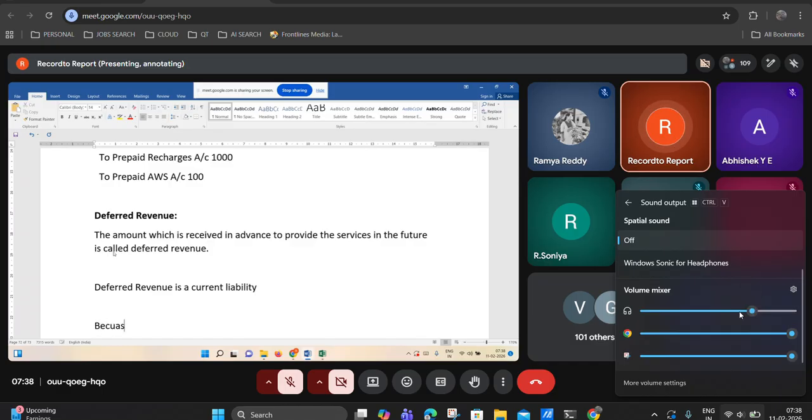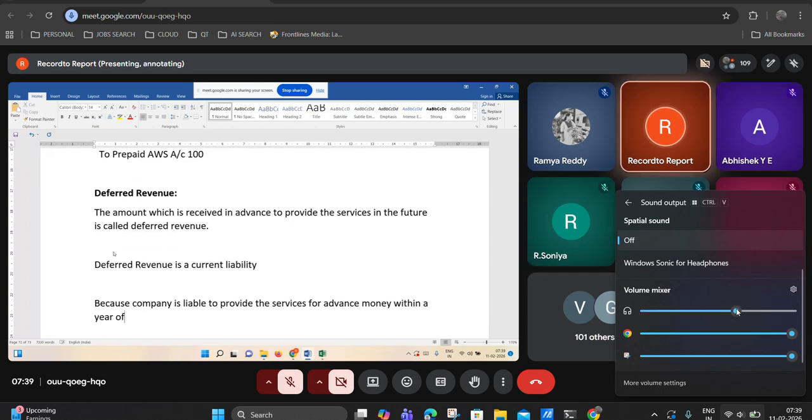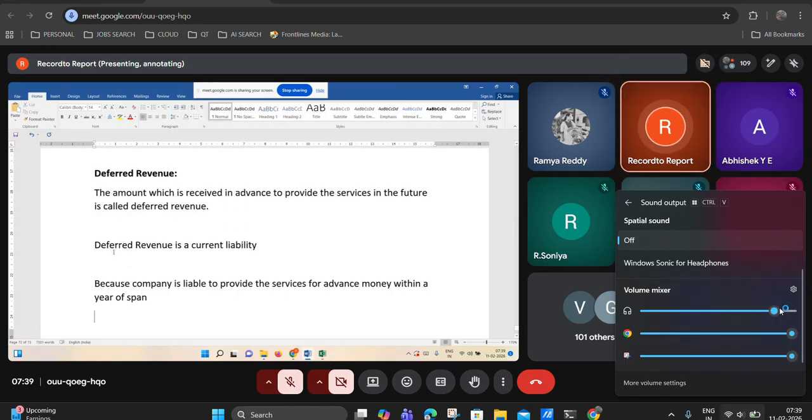Because the company is liable to provide the services for the advance money within a year. That's the reason it is treated as a current liability.